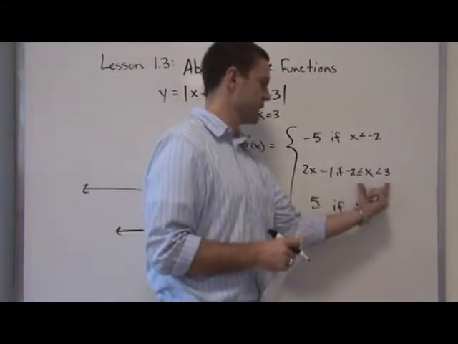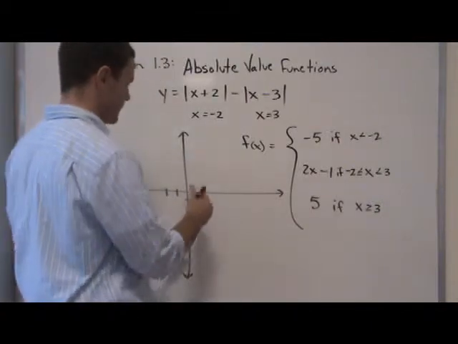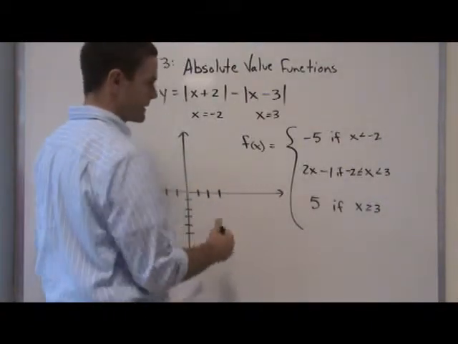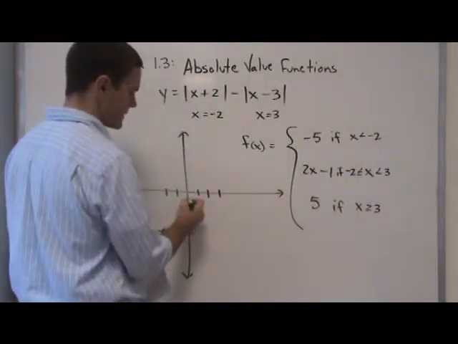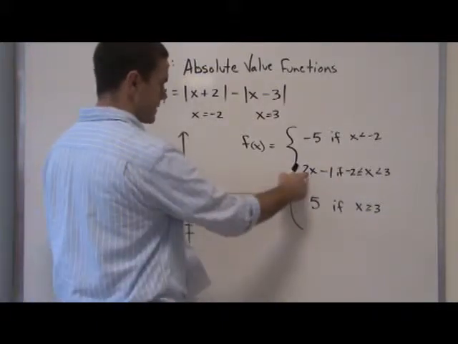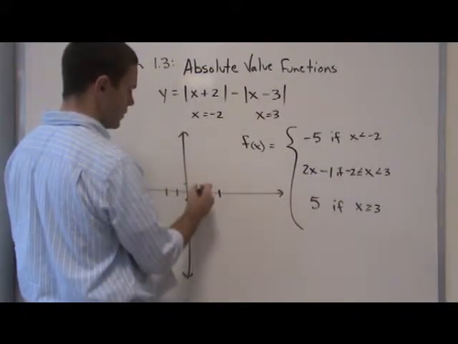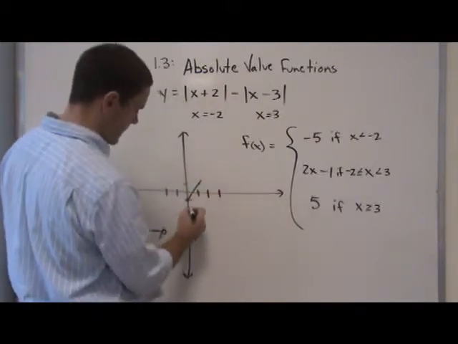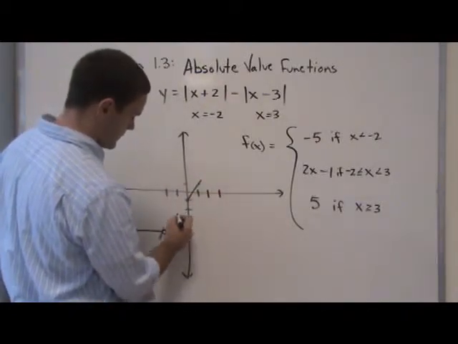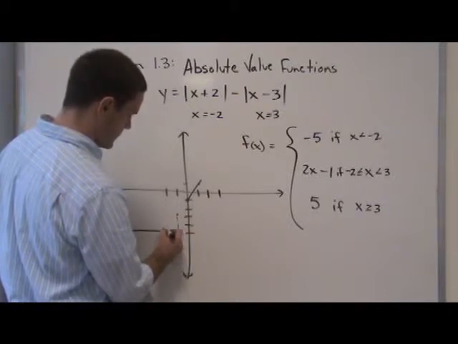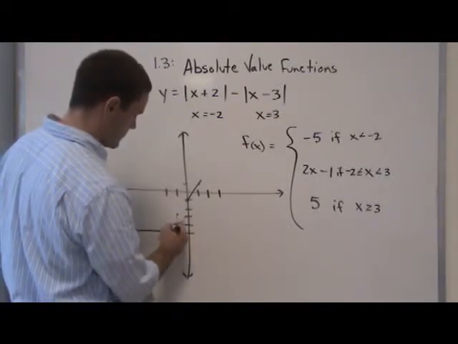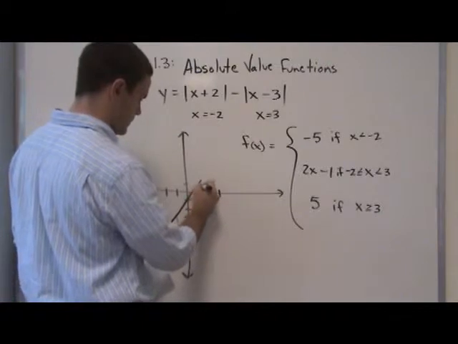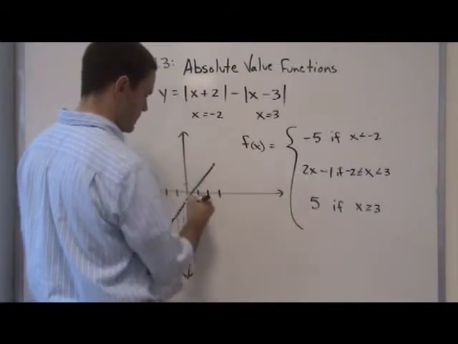And between negative 2 to 3 on the x-axis is going to be this line. This line crosses at negative 1, has a slope of 2, so I go up 2 over 1. So it's going to be this line, down 2 over 1, down 2 over 1. It actually connects right to there. Got that?